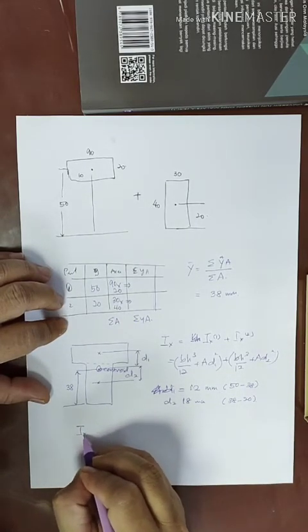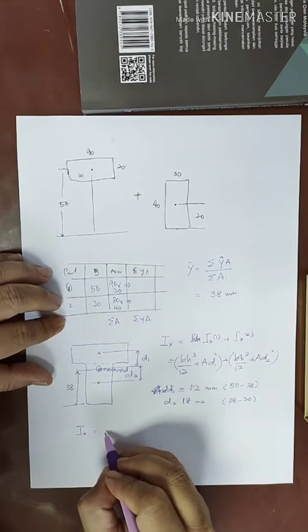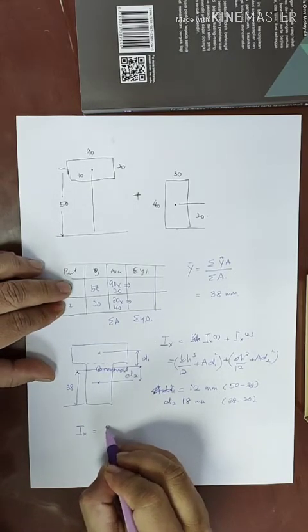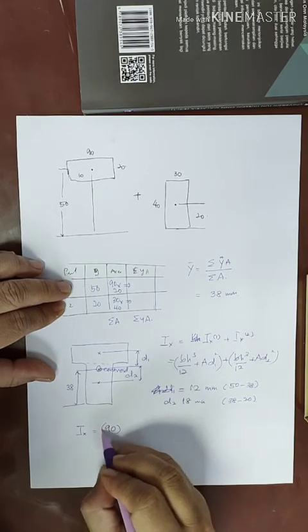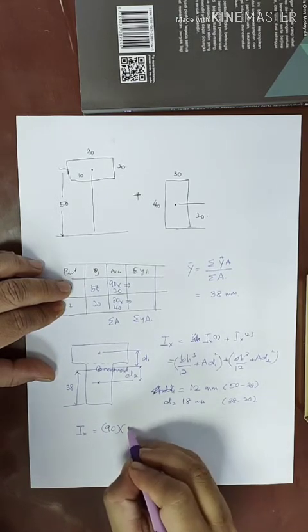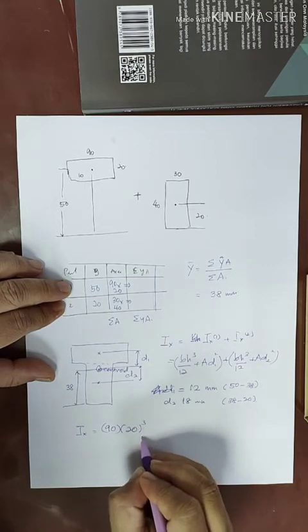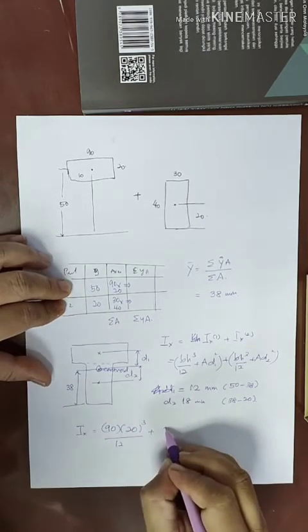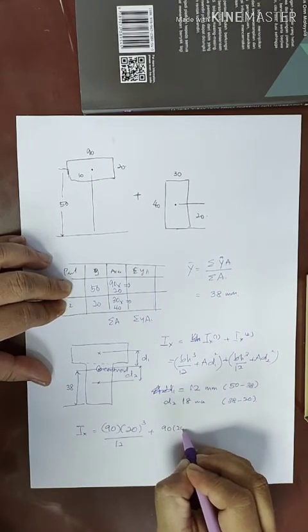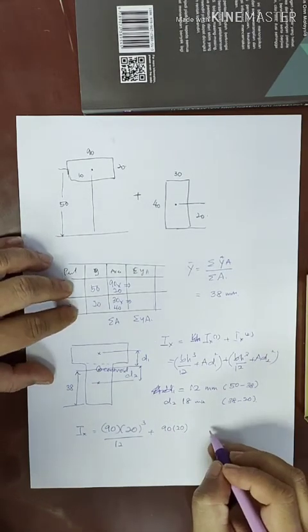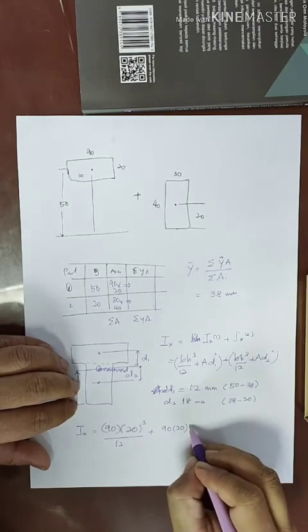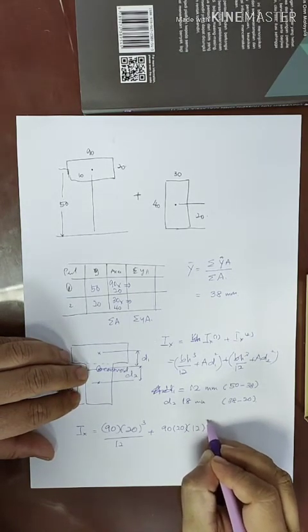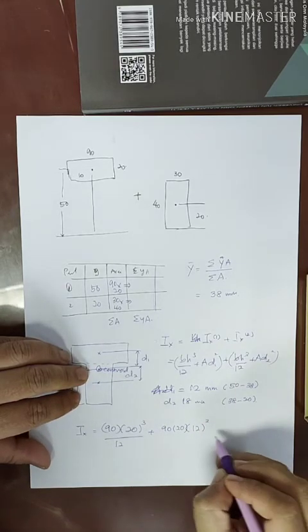So Ix is equal to, for part 1, b is 90 and h is 20 cubed over 12, plus A is 90 times 20 and d1 is 12 squared.